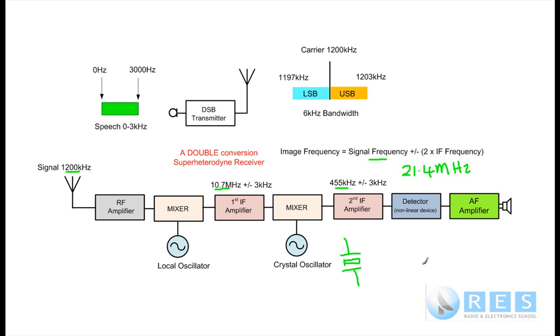So there you have it, a double conversion superheterodyne double sideband receiver. Later on we'll be talking about single sideband and single sideband receivers, and it's going to be an easy addition to what's on this slide at the moment. Later on, probably in the next tutorial, I'm going to be going back to that block diagram of the SSB transceiver.